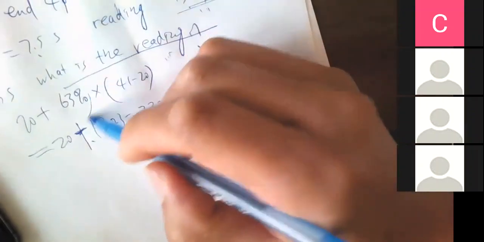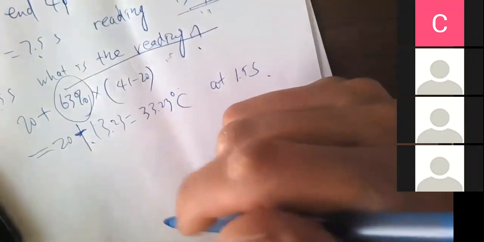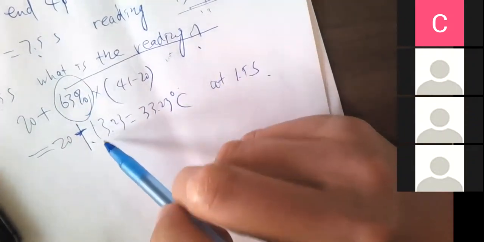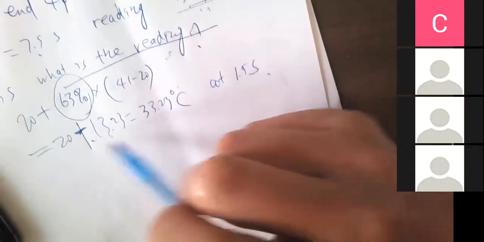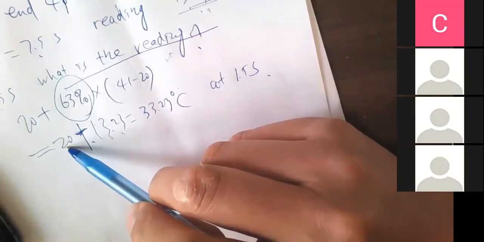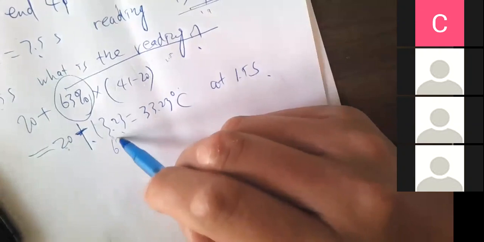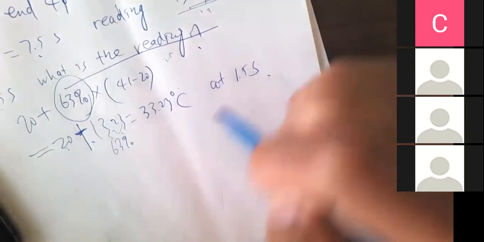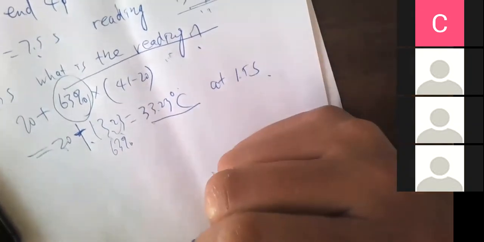So instead, we do it alternatively. We know it's 63%, so 63% means 13. You started with 20, and your measurement is 63%, which translates to 33 degrees.